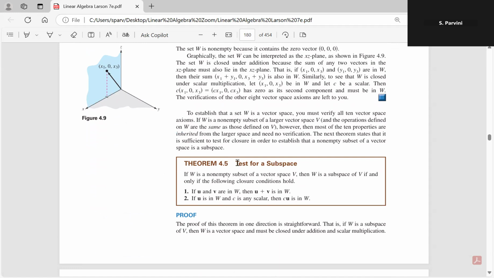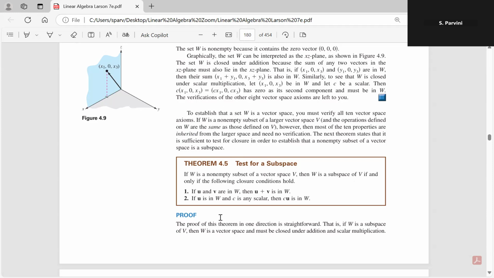So here is theorem 4.5, the test for a subspace. So again, if W is a non-empty subset, remember that means it has at least the zero vector in it. W is a subspace of V if and only if the following closure holds. I will actually prove this and tell you more about it in a moment, although the proof is in the book, but I'll show you a slightly different version of it.